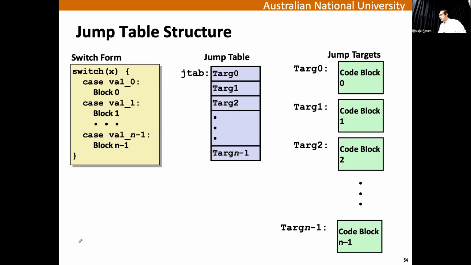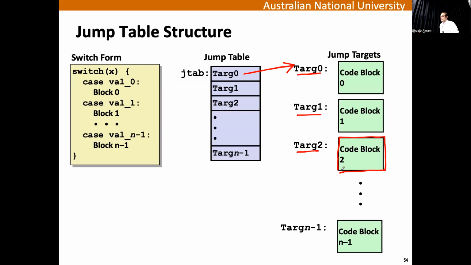Okay, so a jump table stores the target addresses of a jump instruction, and what is placed at those addresses are code blocks corresponding to each case label.